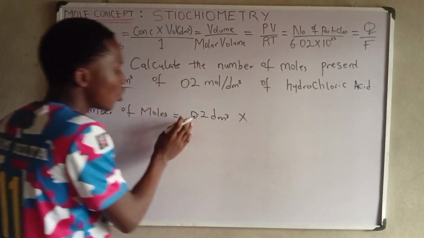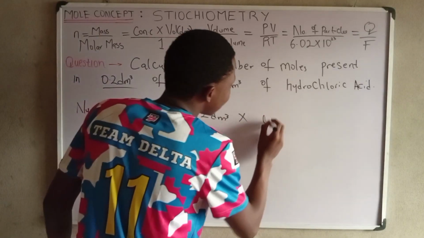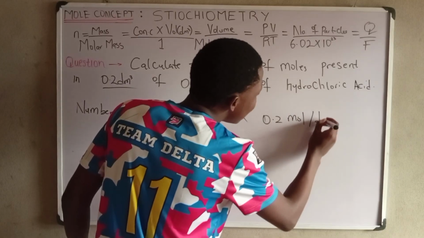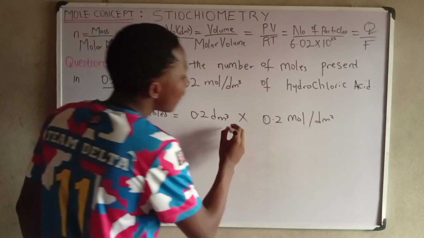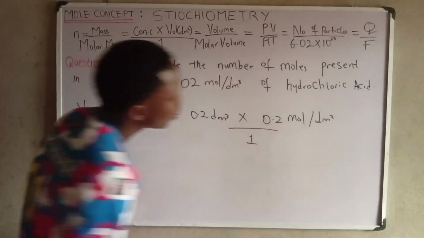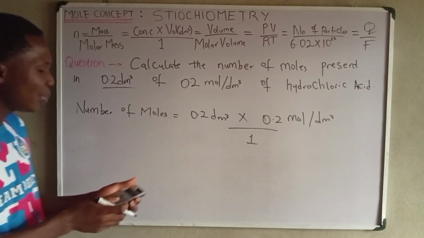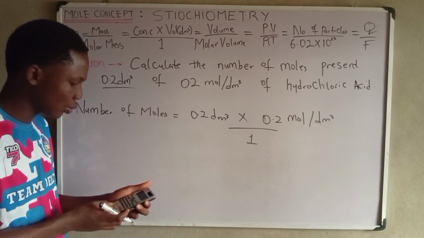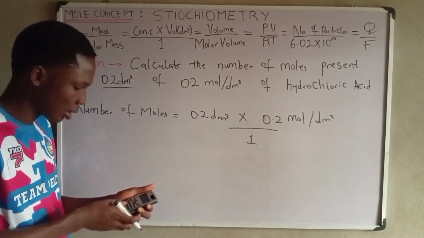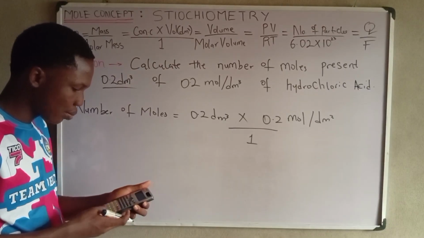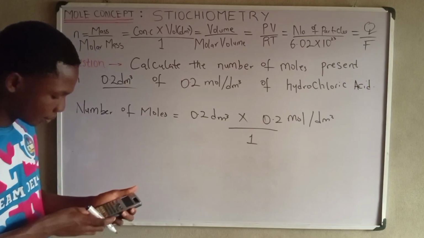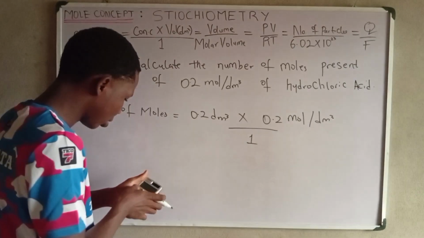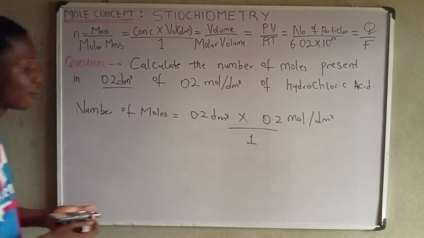Okay, so you can write your own here. It's all the same thing. 0.2 moles per dm cube over 1. So now, on this note, we can simply point our calculator to get our answer. 0.2 times 0.2 is definitely going to give us, 0.4, right? 0.2 times 0.2 equal to what? 0.04.